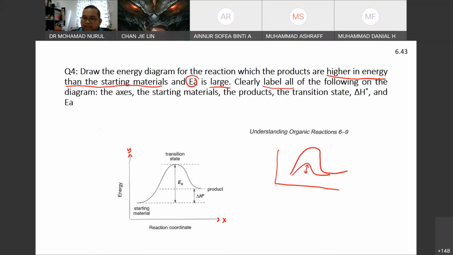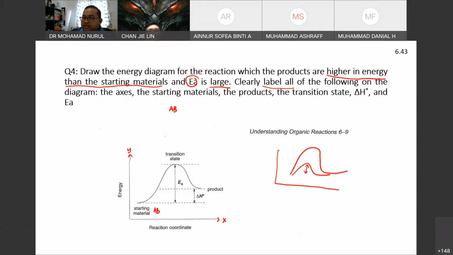At least we can differentiate between large and small. Again, for starting material, if they mention starting material, just label starting material. If there are A, B, for example, and transition states maybe A, B, C, you have to put the transition states in a good order.